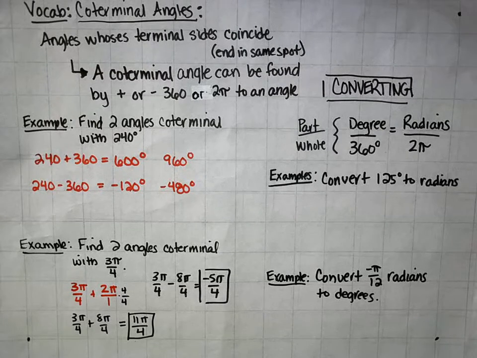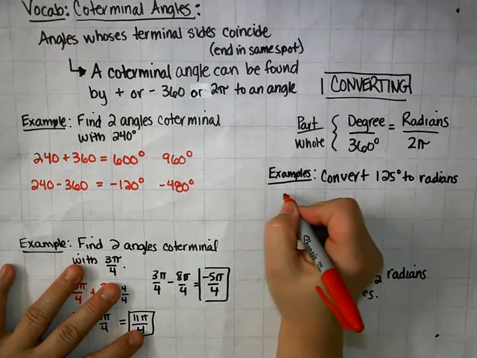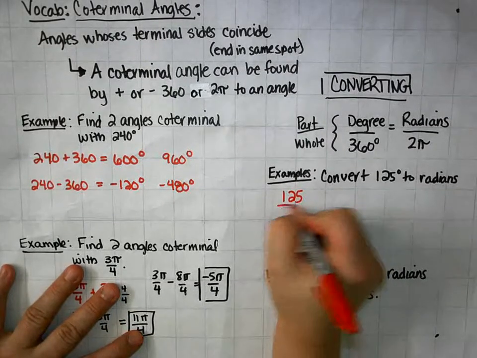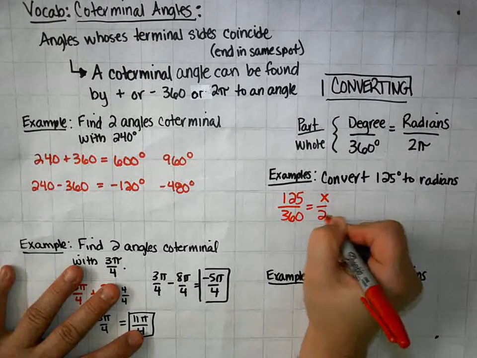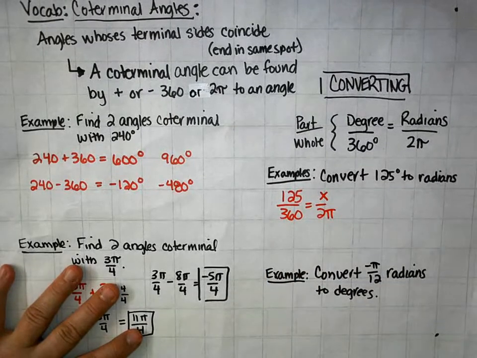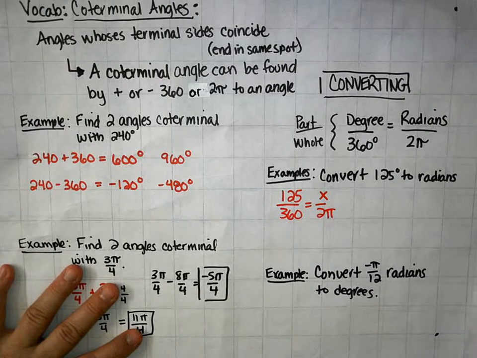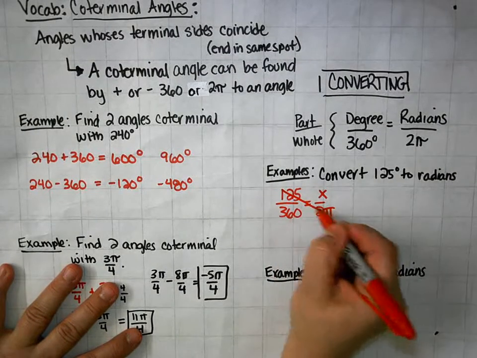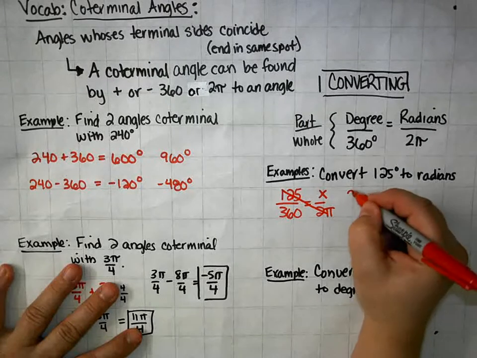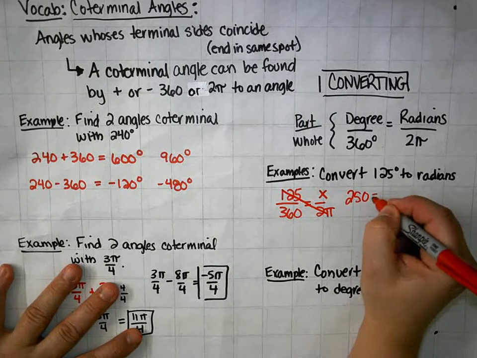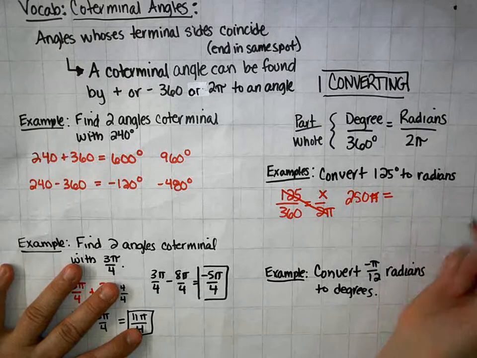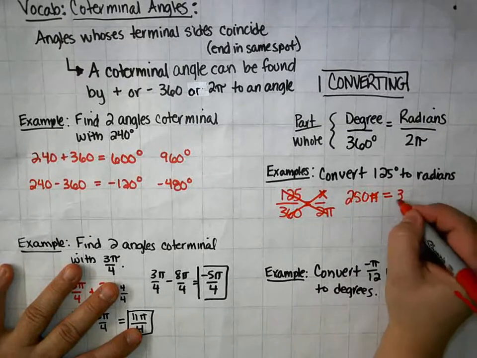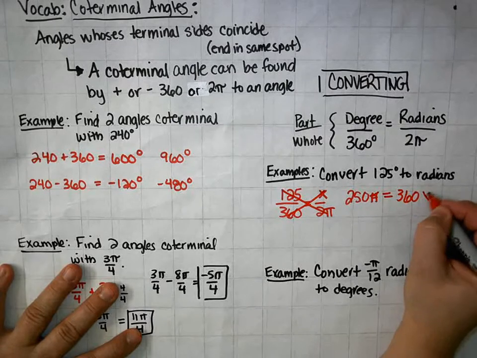So for my first example, I want to convert 125 degrees to radians. I'm going to put the 125 over 360 and set it equal to x over 2 pi. In order to solve this, I need to cross multiply. So when I cross multiply 2 pi times 125, I get 250 pi, and that's going to equal 360x.